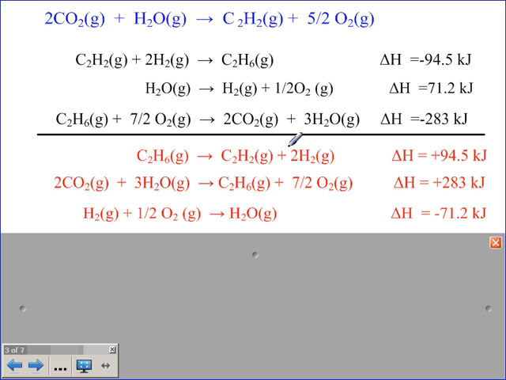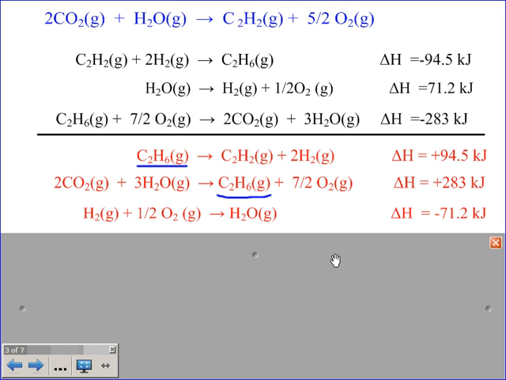All right. So at this point, I've looked at it and I've determined I'm going to have to flip every one of these equations. All right, no problem. They're all flipped. I've changed all their signs of delta H, and I have made sure, for example, that my C2H6 over here and my C2H6 over here are going to cancel because they do not exist in my equation.